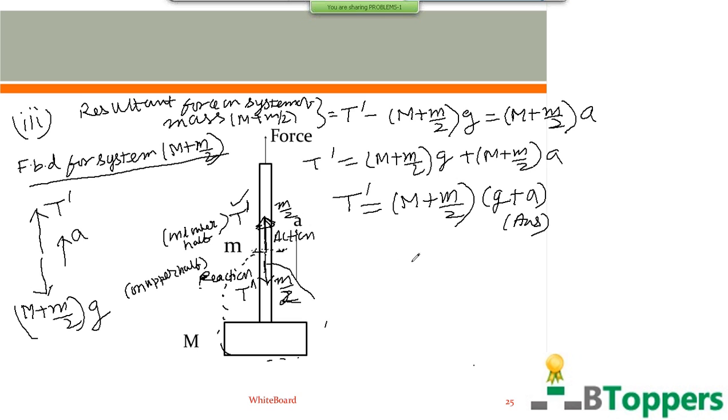Of course, you can also arrive at the answer by another way. That means if you consider only the upper half of the rope as one system.